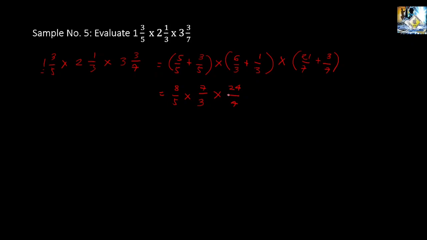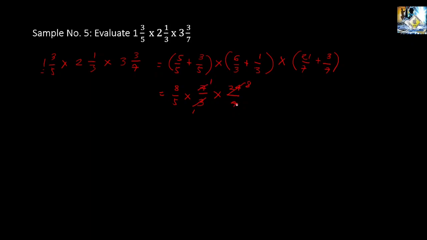So what we're going to do is apply again the cancelling method. Here we can say if we cancel 3 to 24, this will become 1, and the remaining here will become 8. Since we divide only 24 over 3 and 7, makakancel lang din yung 7.